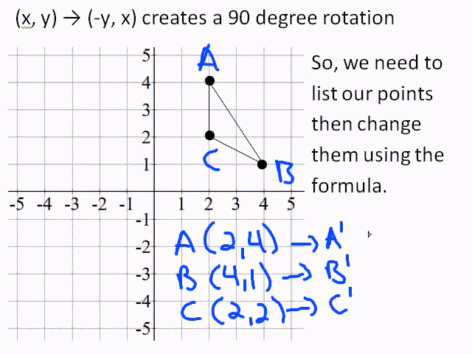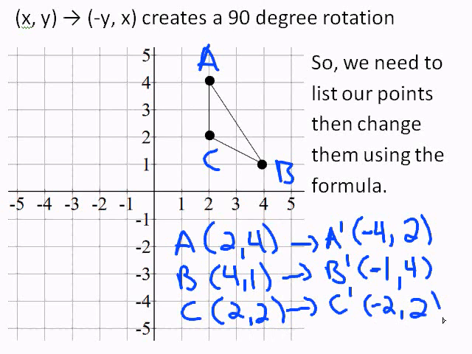So when I take 2, 4, it's going to become 4, 2, but our original y value is going to change signs, so it's going to become 4, negative 2. Likewise, B going to B prime is going to go from 4, 1 to 1, negative 4. And C is going to go to C prime from 2, 2 to 2, negative 2.